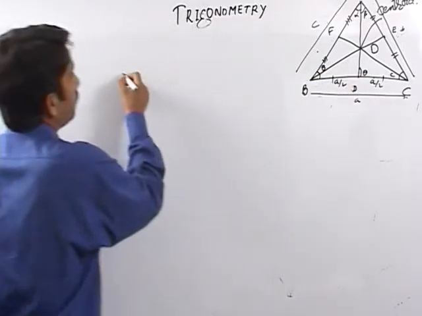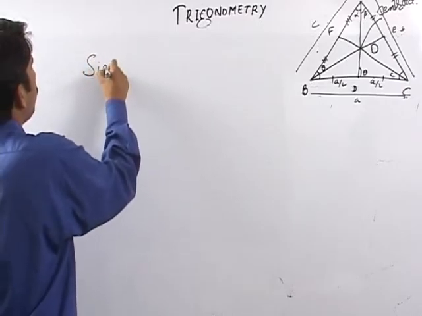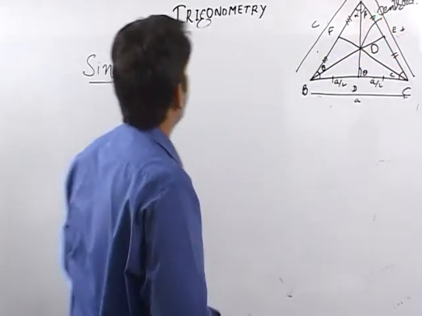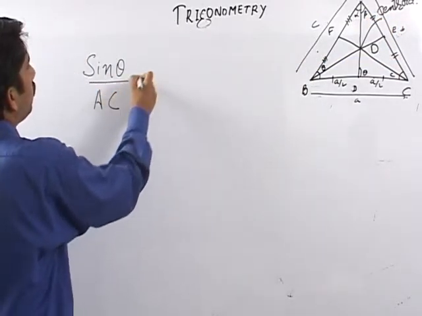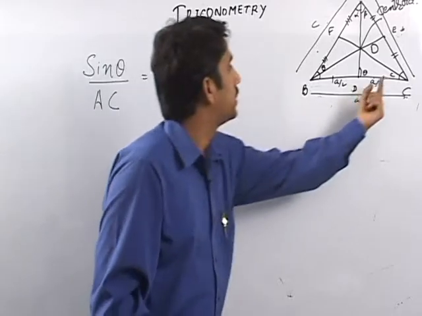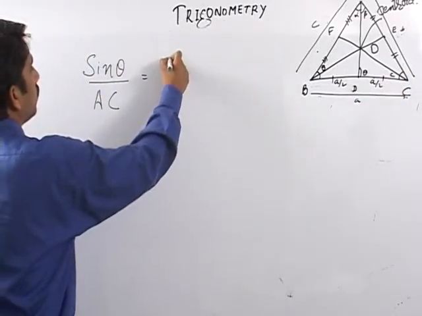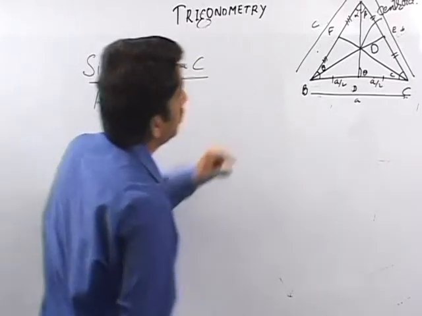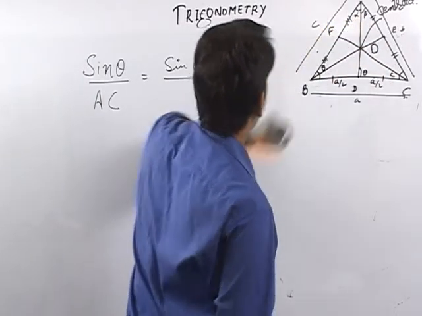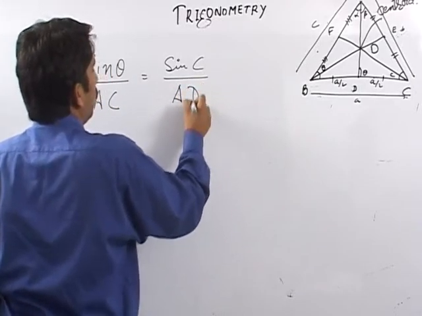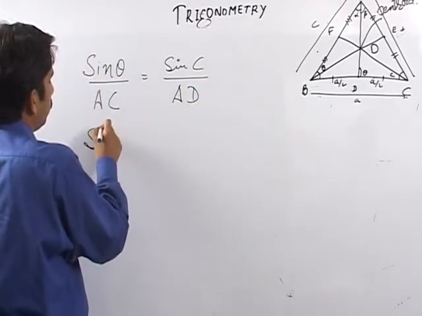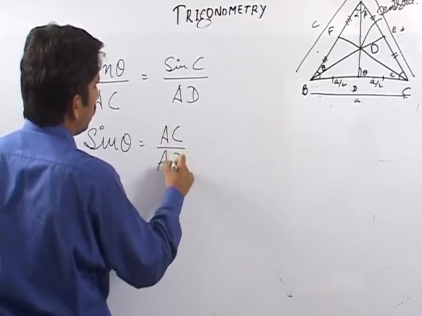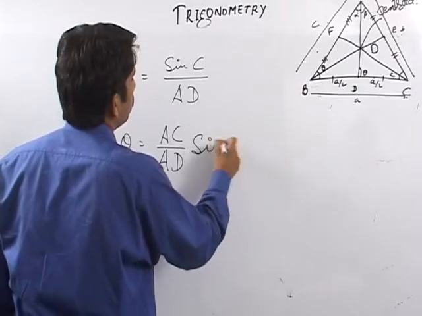This is sine theta over side AC is equal to sine C over, opposite to this side is AD. So sine theta will become AC over AD into sine of C.